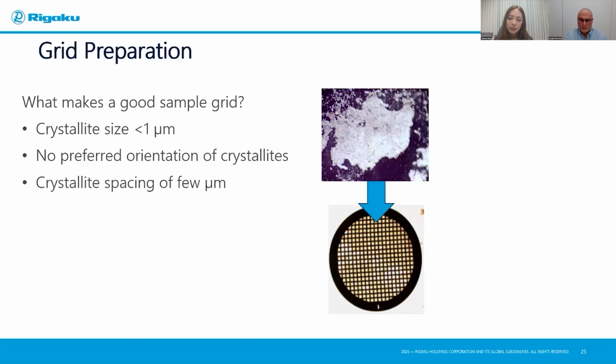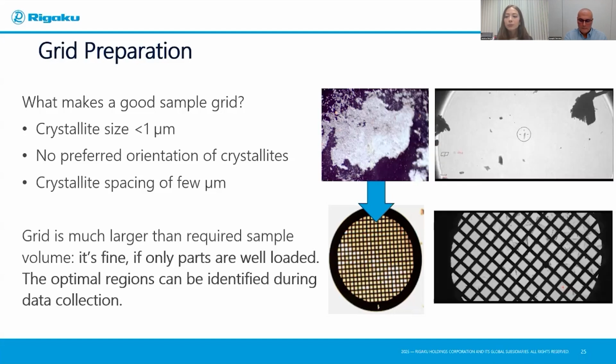But the reason why we're able to do this is because the grid is much larger than the actual volume that we're analyzing our sample. So I've shown here, this is our standard visual mode, which is about a magnification around 2500x. And this circle here represents 2 microns.